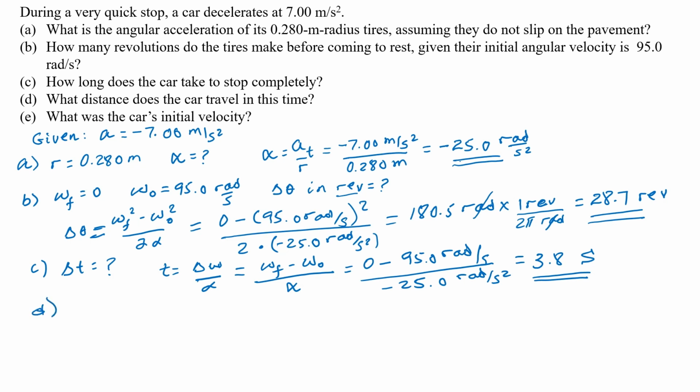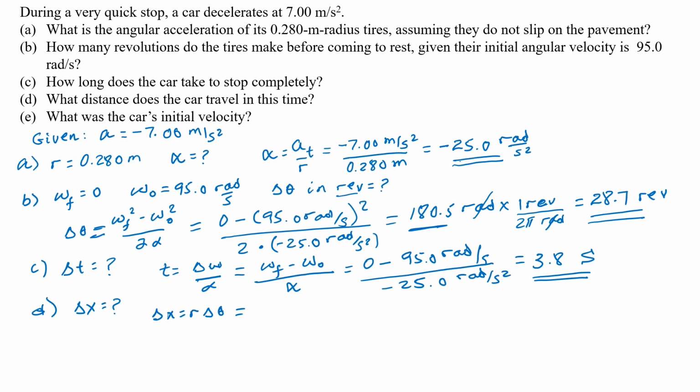What distance does the car travel in this time? So delta x is required. And we know that delta x is equal to r times delta theta. Alright, the delta theta that we use here is going to be in radians, this value here.